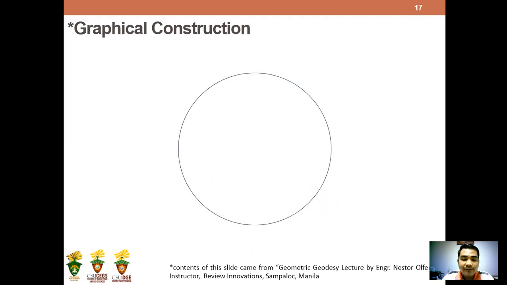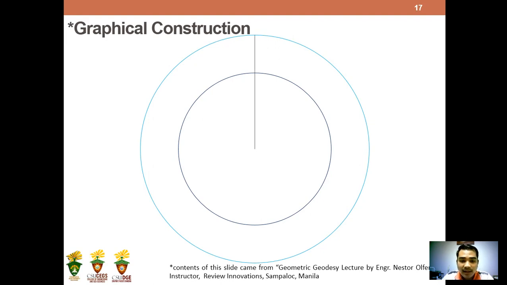First, you have a small circle, the inner circle. Then you construct another circle which is bigger than the first one. Let's construct the x-axis along the y-axis.